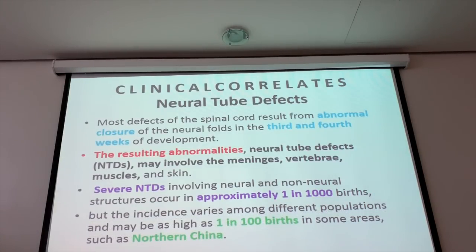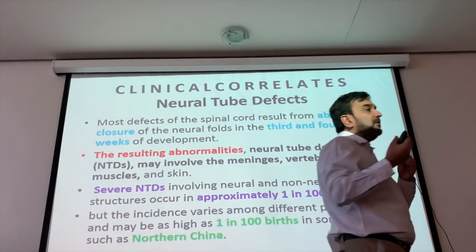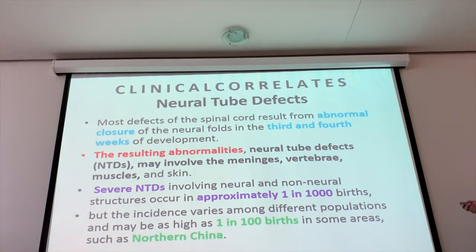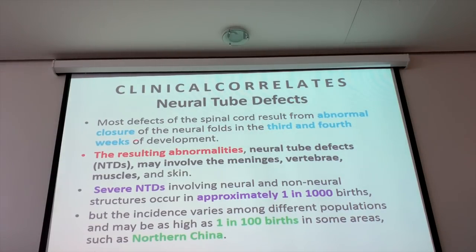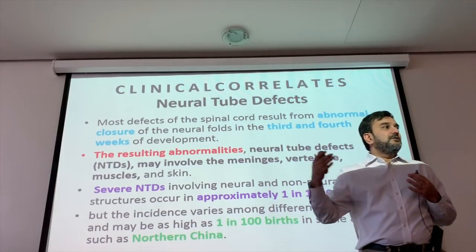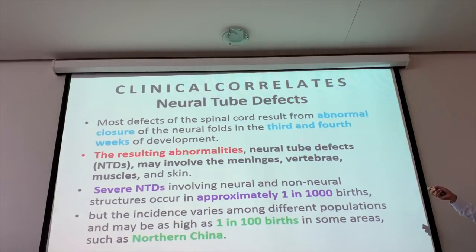Okay. Next we are going to talk about the condition called neural tube defect, because this is one of the most common types of defects which you are going to see. It is because of the abnormal closure of the neural folds in the 3rd and 4th week of development. So exposure to teratogens during early pregnancy can lead to neural tube defects. These abnormalities may involve the meninges, vertebrae, muscles and skin.